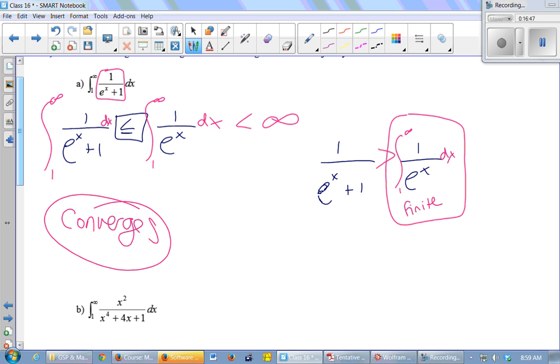So if you have something convergent and your function is bigger than it, you don't get to conclude anything. So the only way you get to conclude something is if you have a function that's convergent and you're smaller than it, or if you have a function that's divergent and you're bigger than it. Okay. So here we can conclude nothing.